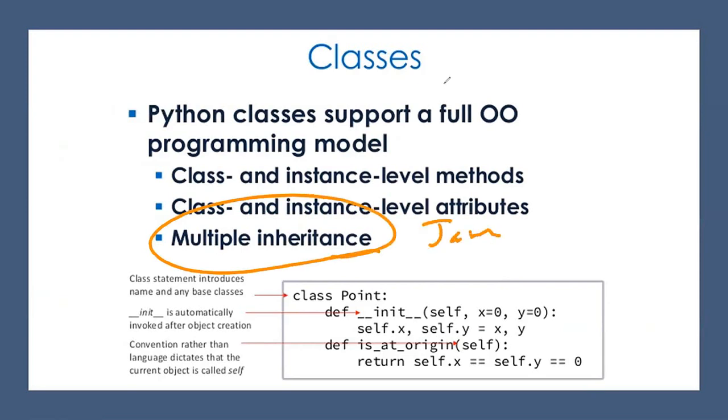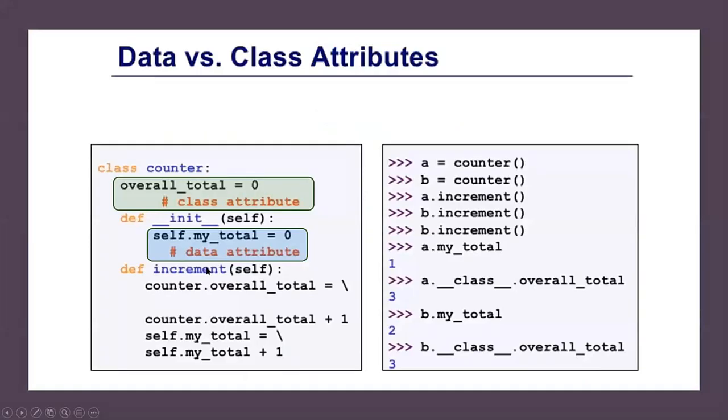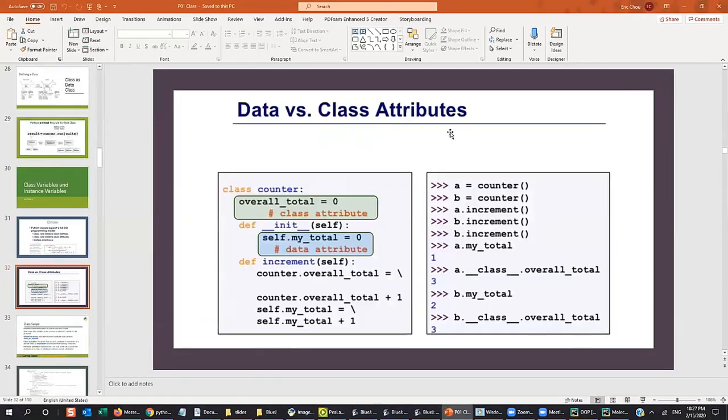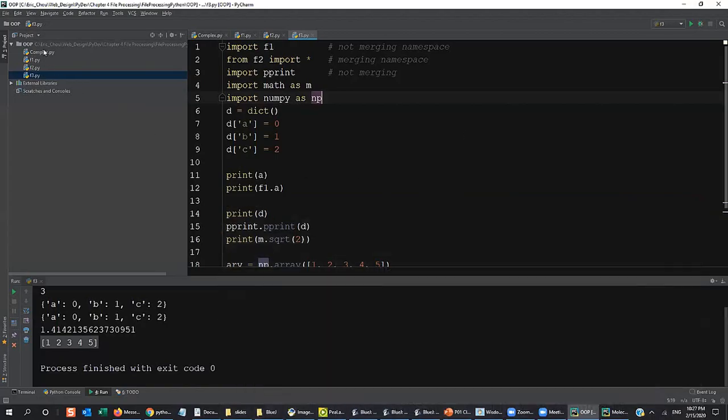In Java you can only do single inheritance with multiple interfaces, but Python doesn't have interfaces, so it allows multiple inheritance. So let me teach you some inheritance.